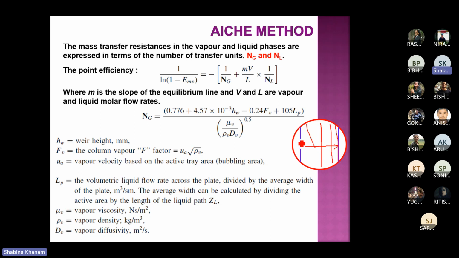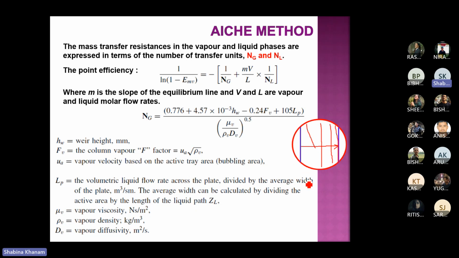by the length of the liquid path. Active area, that you can find out, we have discussed, that is column cross sectional area minus twice the downcomer area, that is the active area, right? That is divided by the length of the liquid path. Length of the liquid path means from inlet downcomer to outlet weir. Okay, this distance, wherever you measure, it will be the same.